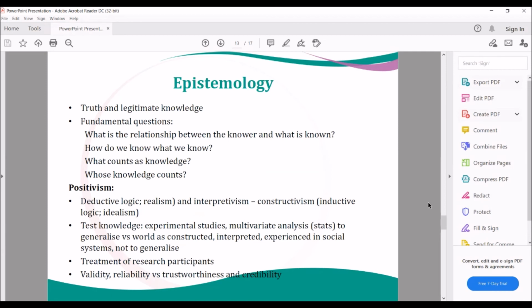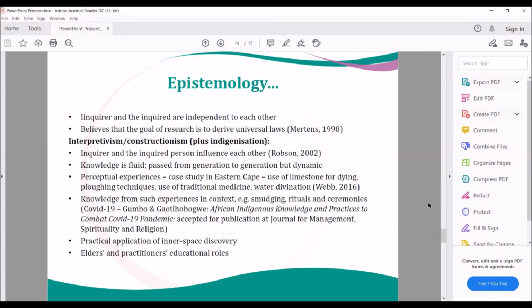Positivists treat research participants mostly as objects and knowledge givers and not as active participants in knowledge generation. And they would rely more on the validity and reliability of the knowledge gathered as opposed to the interpretivists who are more concerned about trustworthiness and credibility.